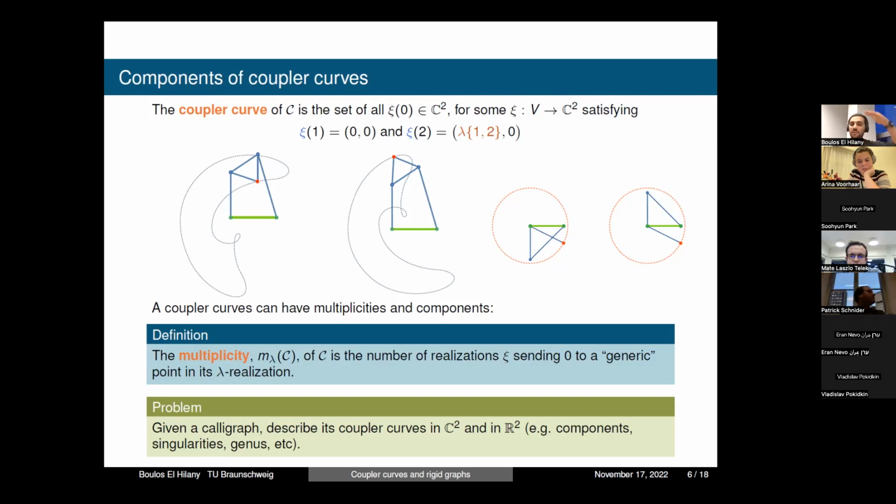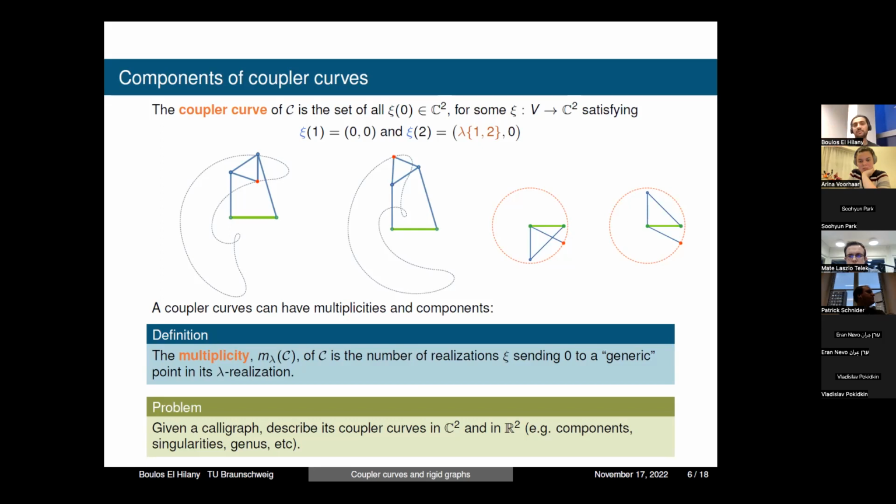We have a polynomial system of equations that models this, where each equation corresponds to an edge length, right? So it's a quadratic equation. Since I removed one edge, and of course I modded out the transformations, I have one less equation than variables, and you fix the edge lengths, right?